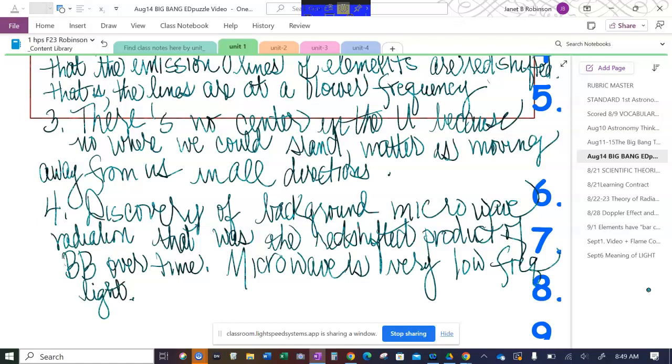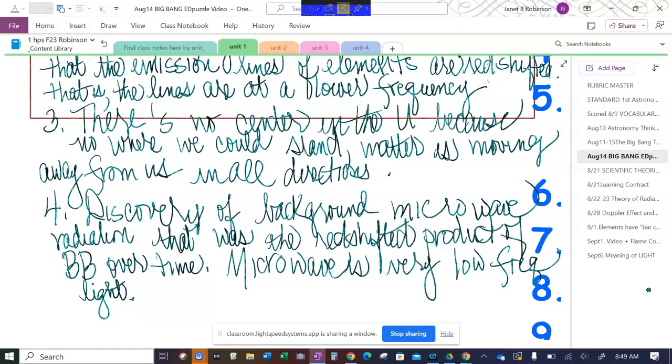So those are the big ones, because all of them really are talking about expansion that redshift reveals. And so if this was true, there should be a background radiation left over from the Big Bang.